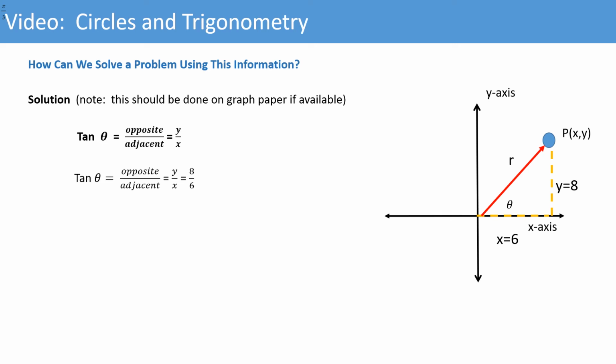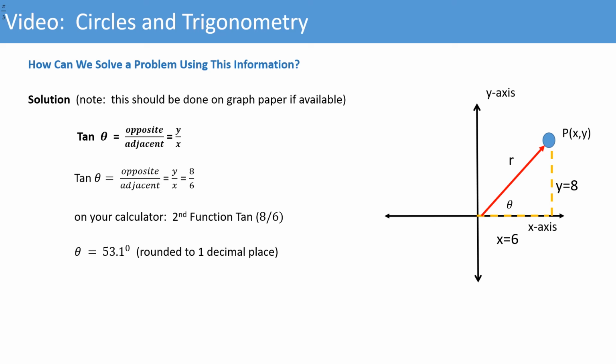We know that y is equal to 8, x is equal to 6, so we will substitute these values in for opposite divided by adjacent. Now we can use our calculator. Second function tan, 8 divided by 6, will give us the value in degrees of 53.1 degrees.